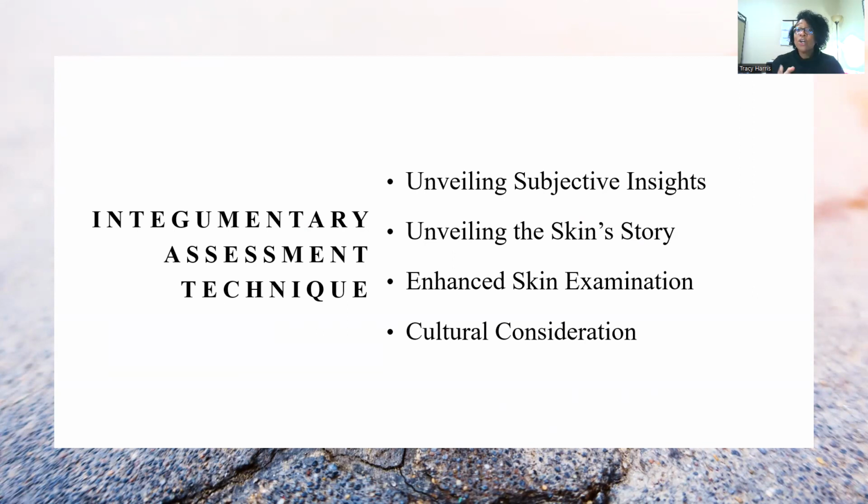Cultural considerations. Usually, we're going to come into contact with people with darker skin, and that assessment will be a little bit different, because when you're looking for cyanosis, the cyanosis on the lips and the tongue may look more gray.